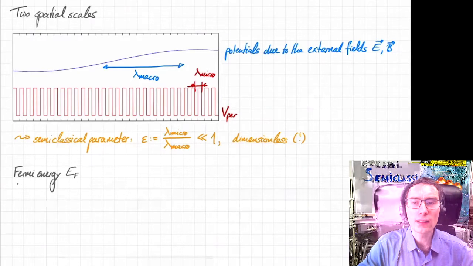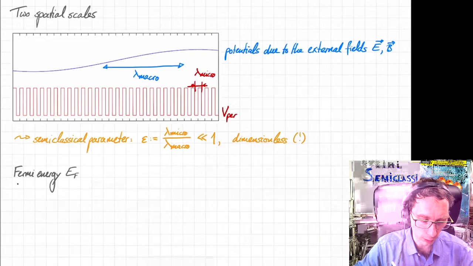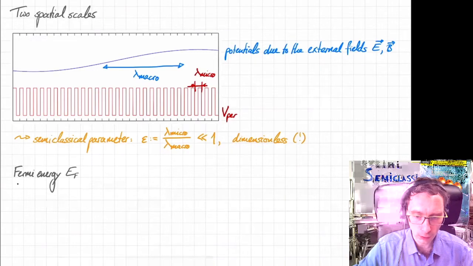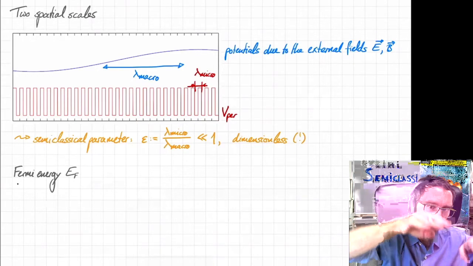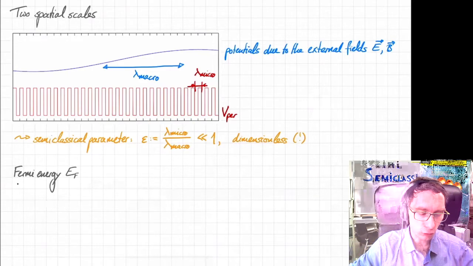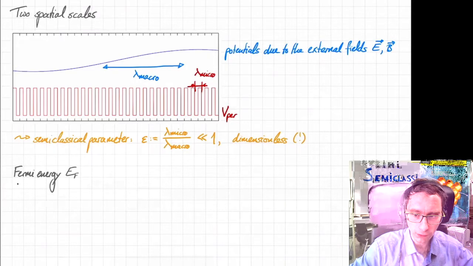And you can change it to some degree by applying an external potential. So if you apply a voltage difference across the sample, then the Fermi energy will be shifted relative to, let's say, the natural Fermi energy due to you applying a voltage difference.